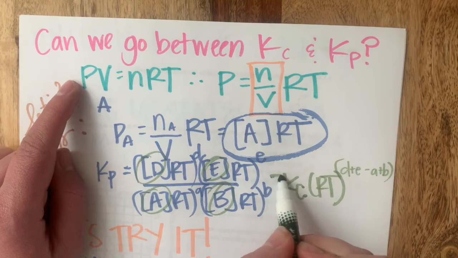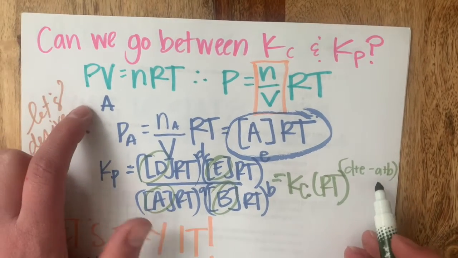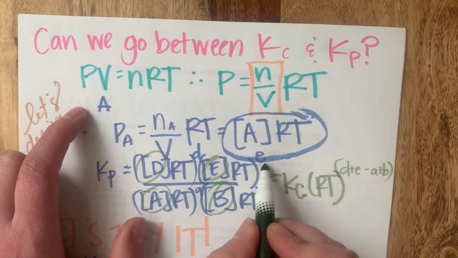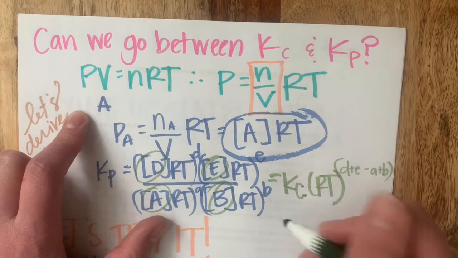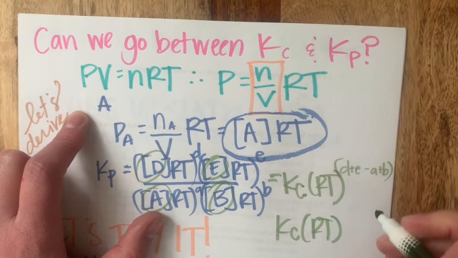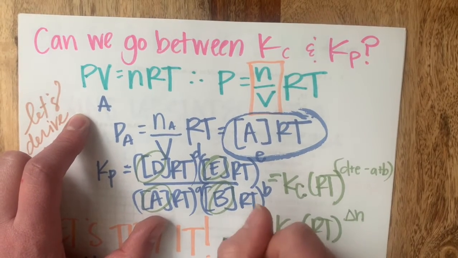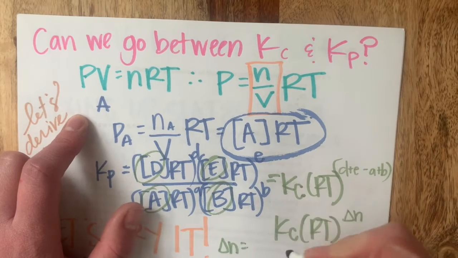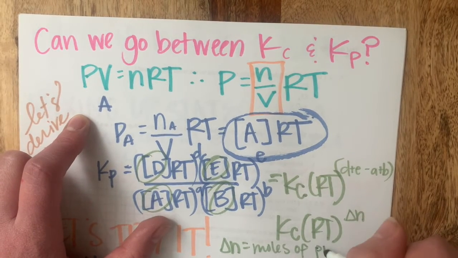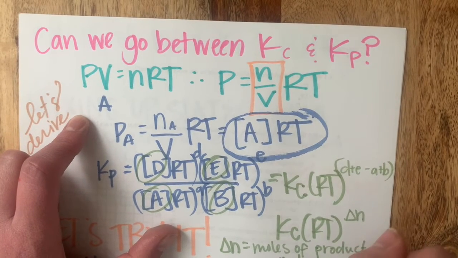So what we have is Kp is equal to Kc times RT to this power. What we can do here, this is the number of moles of products, right? And this is the number of moles of reactants. So we're going to simplify this and just call it delta n, okay? So what delta n equals is moles of product minus the moles of reactant.